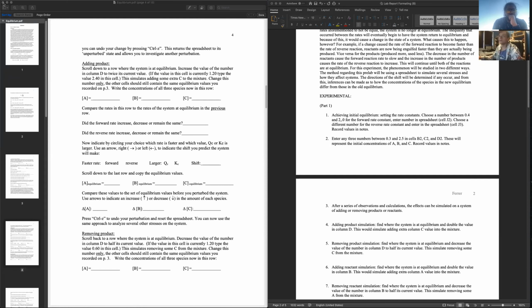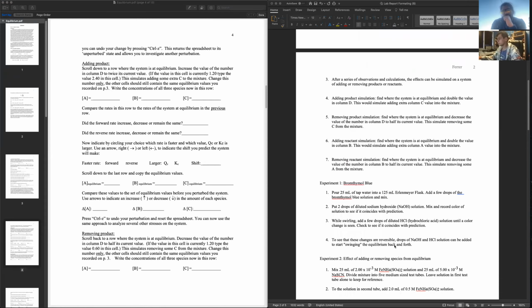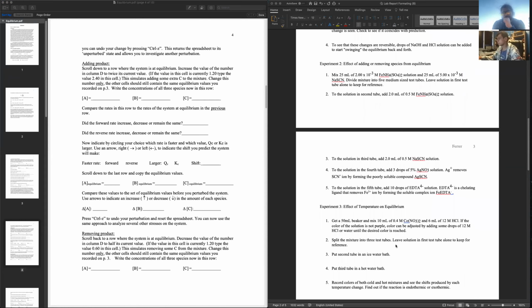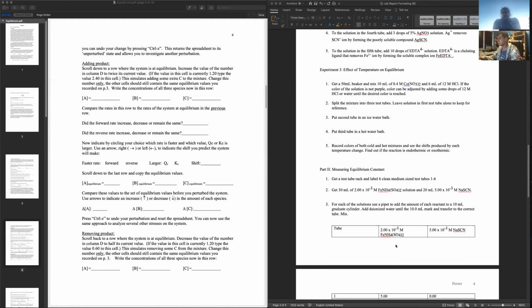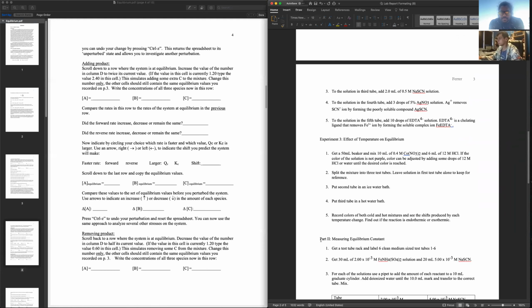Okay, so just accept the chapter now. All right, so the experimental you see here and stuff. Experiments 1, 2, and 3 we kind of skipped through, but I still put them in. Okay. Just for purposes, I guess.